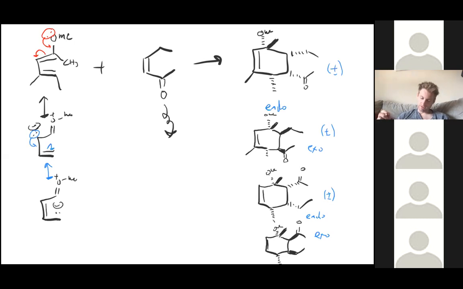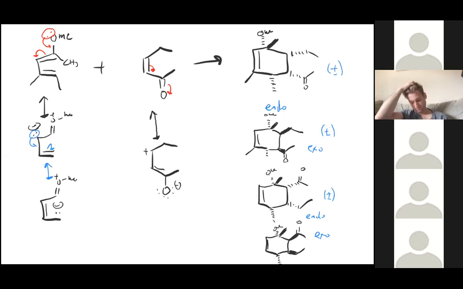Taking a look at our dienophile here, we can push our electrons up, or I guess down in this case, to this carbonyl. Lining these two up.